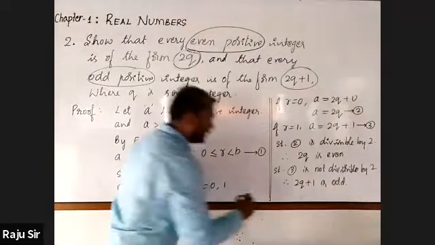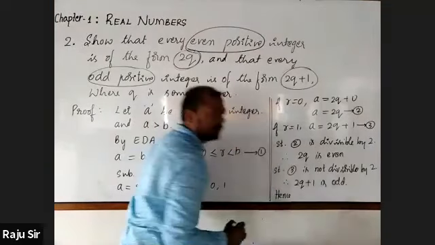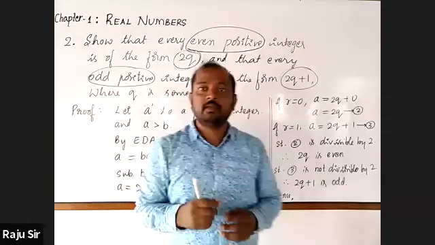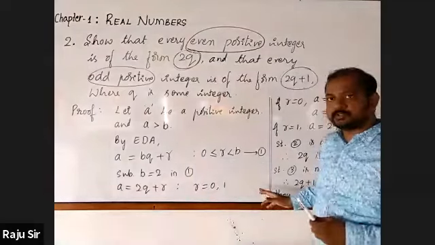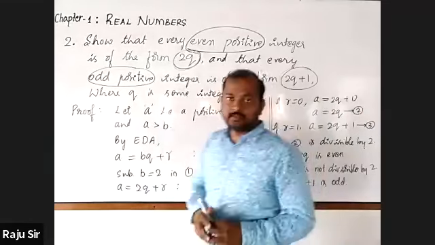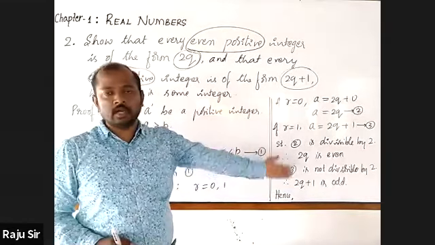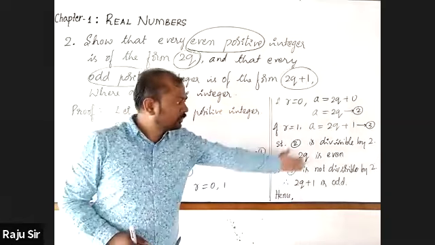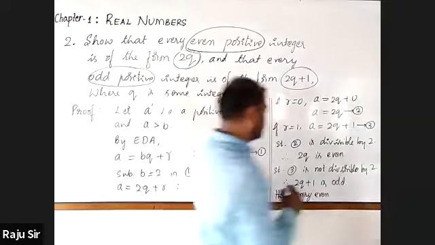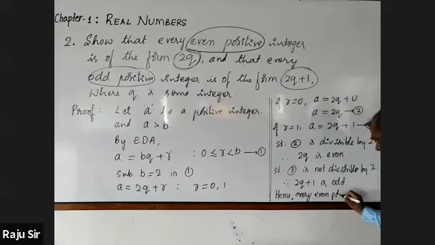Final conclusion can be written as: hence, every even positive integer is of the form 2Q, and odd positive integer is of the form 2Q plus 1.